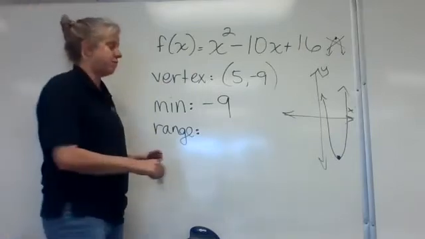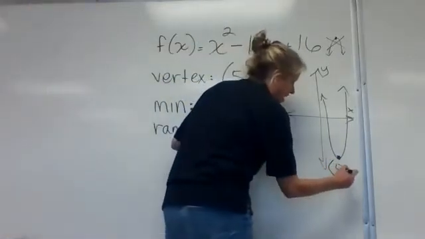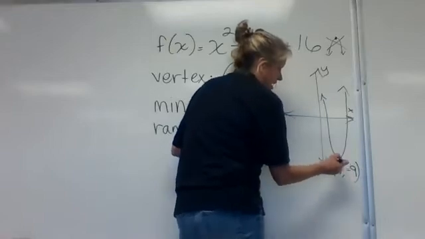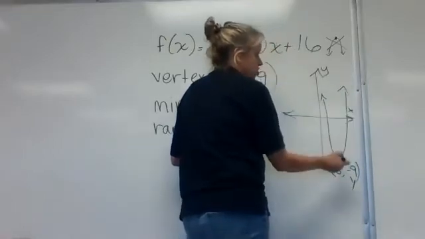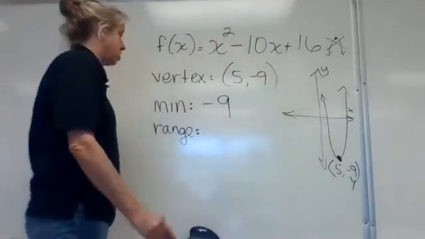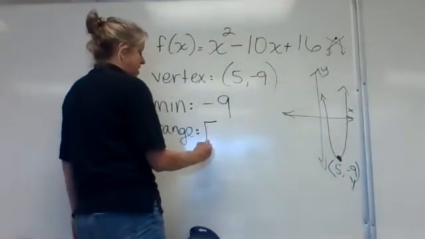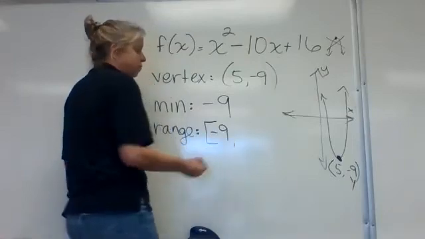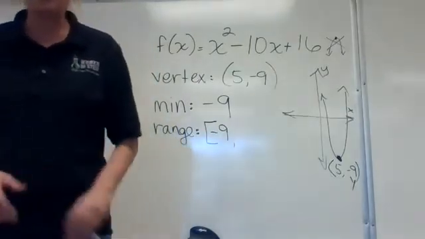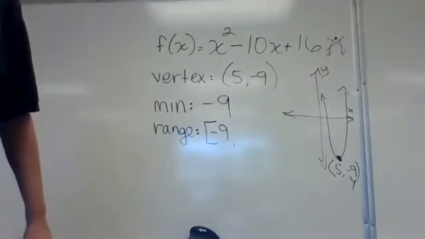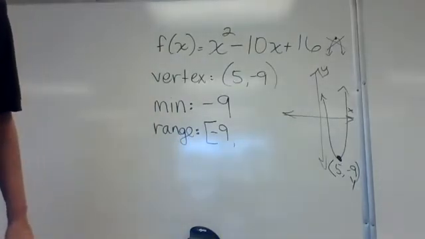Then they go up from there, right? Because if this is 5, -9, that's the lowest y. The y values just go up from there. So the range starts at -9, and I do put a bracket around that -9 because -9 is included in the range.